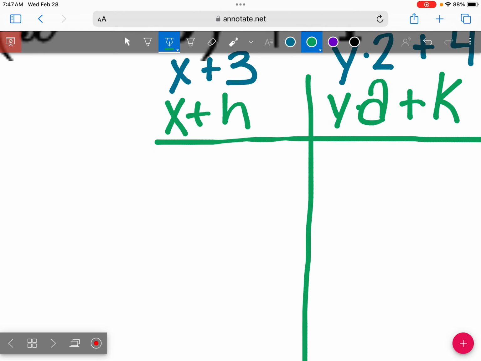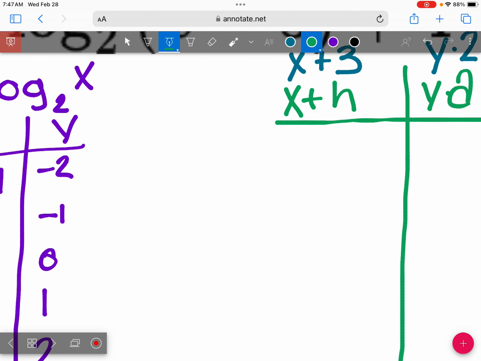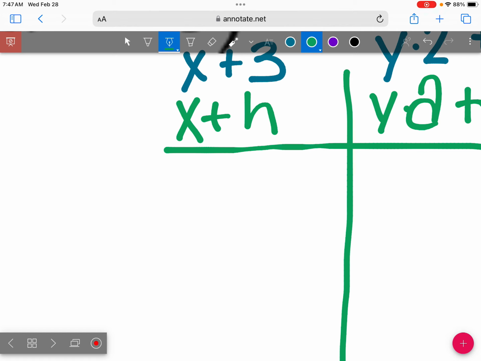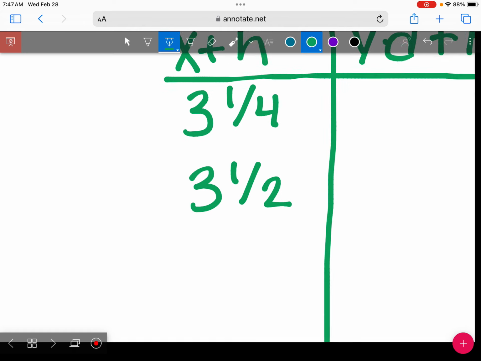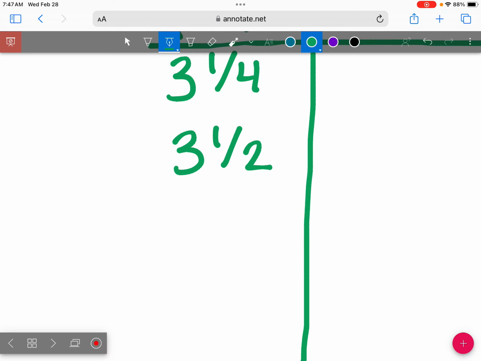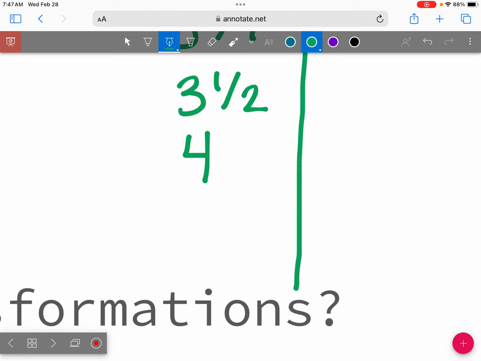So when we're filling in our table here, we're going to take our x's. So my 1/4 plus 3, well, that one's not too bad. That's 3 1/4. 1/2 plus 3, well, that's 3 1/2. 1 plus 3 is going to give us a 4. 2 plus 3 gives us 5.